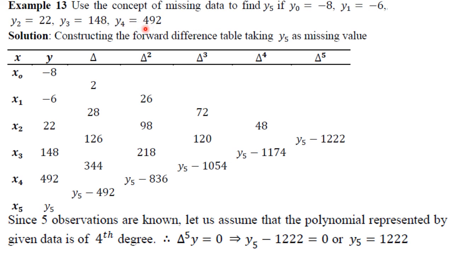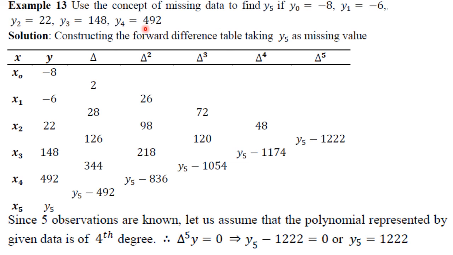And student, the question is to find the value of y5. So you need to find the next value basically, and you are not sure what the value will be, but hopefully, going in a similar way, you will find the next value, and that would be approximate. Of course this is an approximate value, so this cannot be the exact value.